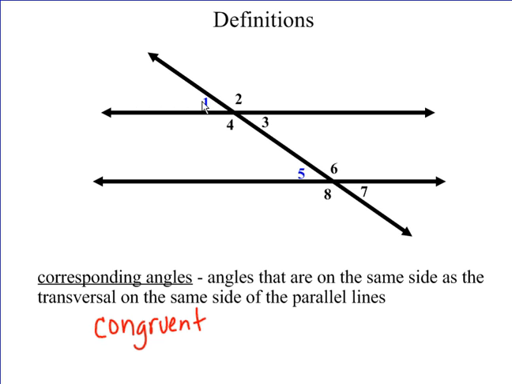We know that angle 1 corresponds to angle 5 because they're on the same side of the transversal and on the same side of the parallel lines. You can see angles 1 and 5 are above the parallel lines and on the same side of the transversal. The same is true for angles 2 and 6, angles 7 and 3, and angles 4 and 8. So we have 4 sets of corresponding angles, and all of these angles are congruent.